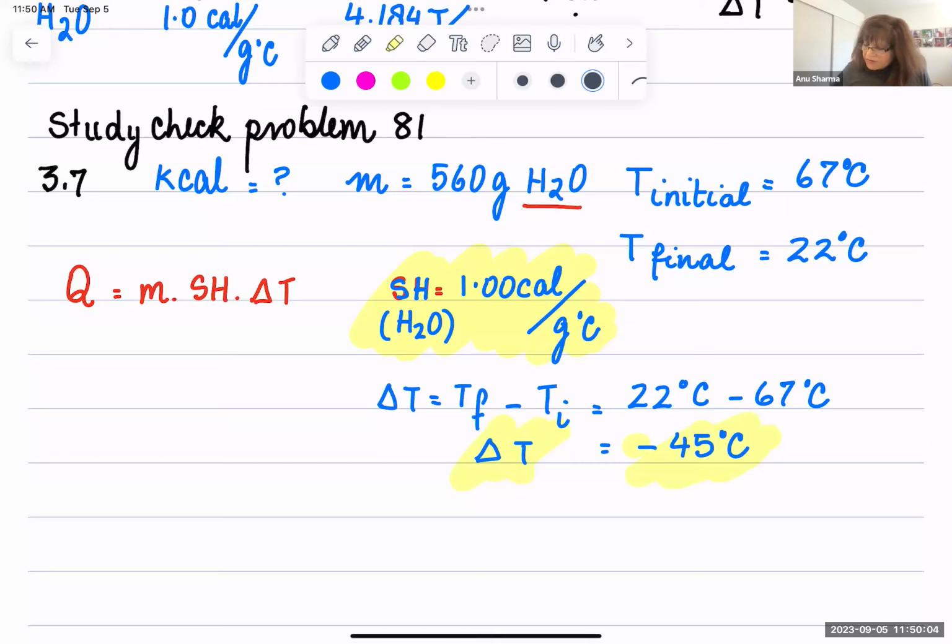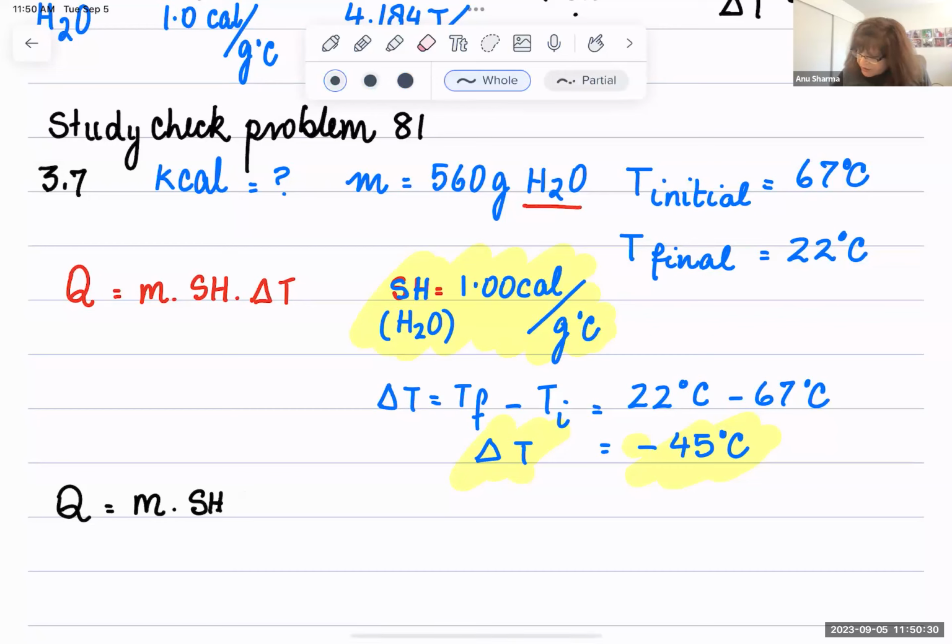We have the mass. Q is what we are trying to find. Q is equal to M times S times delta T, where S is the specific heat.